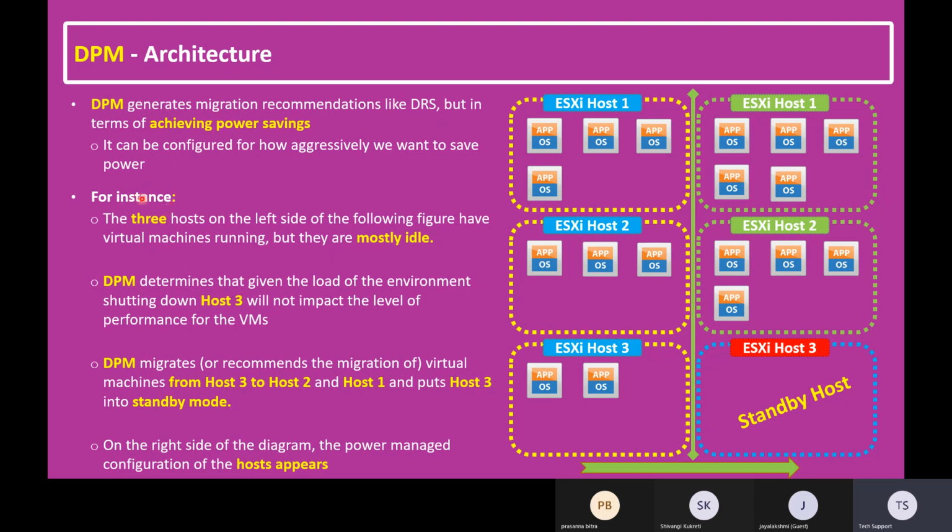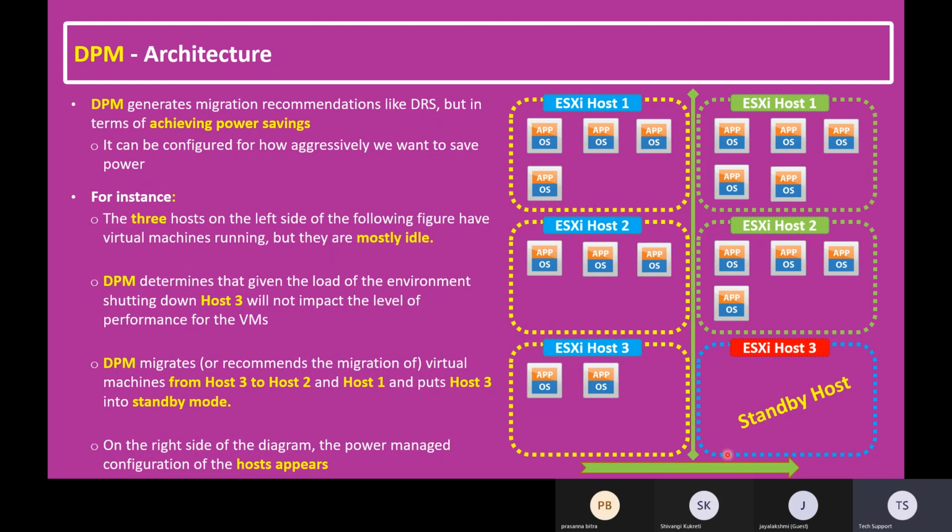And also, for instance, the three ESXi hosts on the left side of the following figure have virtual machines running, but they're mostly idle. So there are three ESXi hosts, but the resources are idle. DPM determines that given the load of the entire environment, shutting down host 3 will not impact the level of performance of the virtual machines.